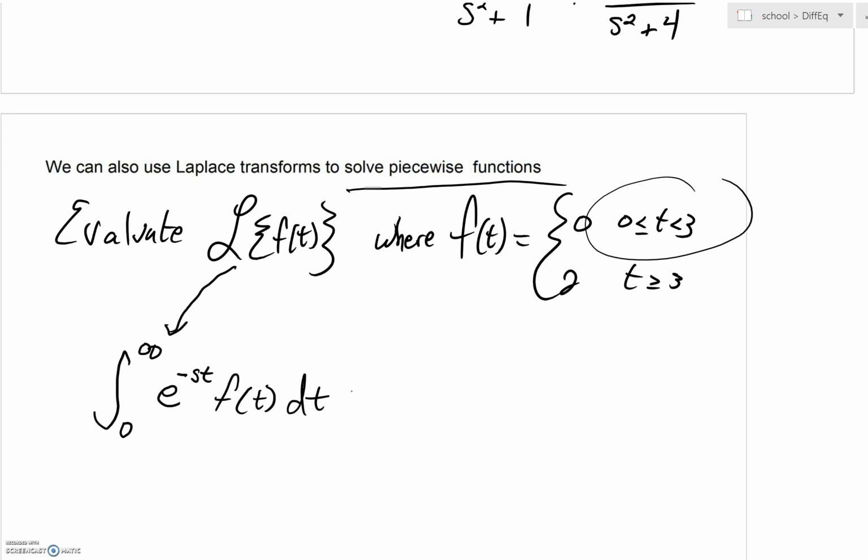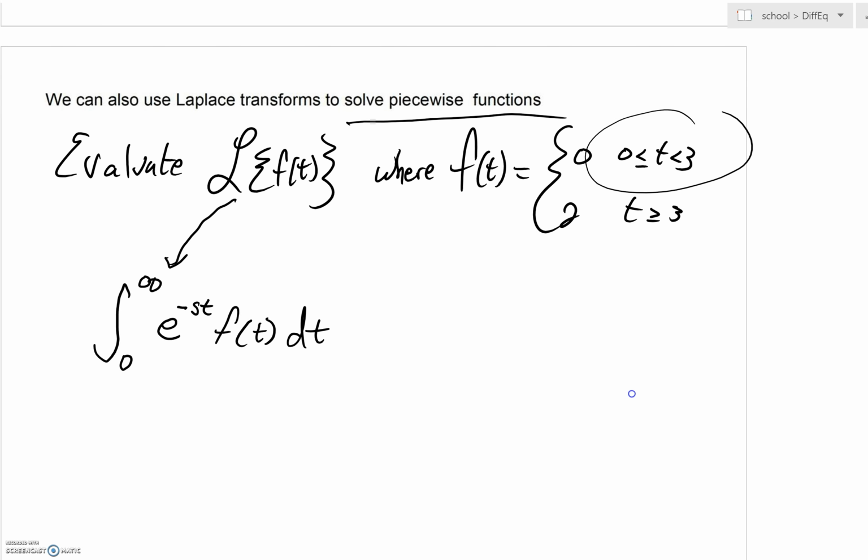The function changes as x, or in this case t, I am so sorry, as t goes from 0 to infinity. So guess how many integrals I'm going to have to write? 2.